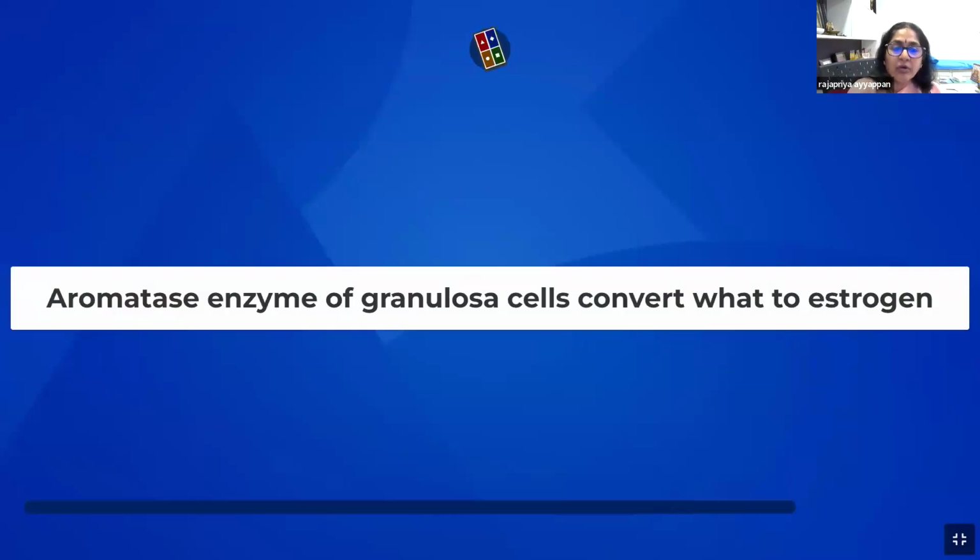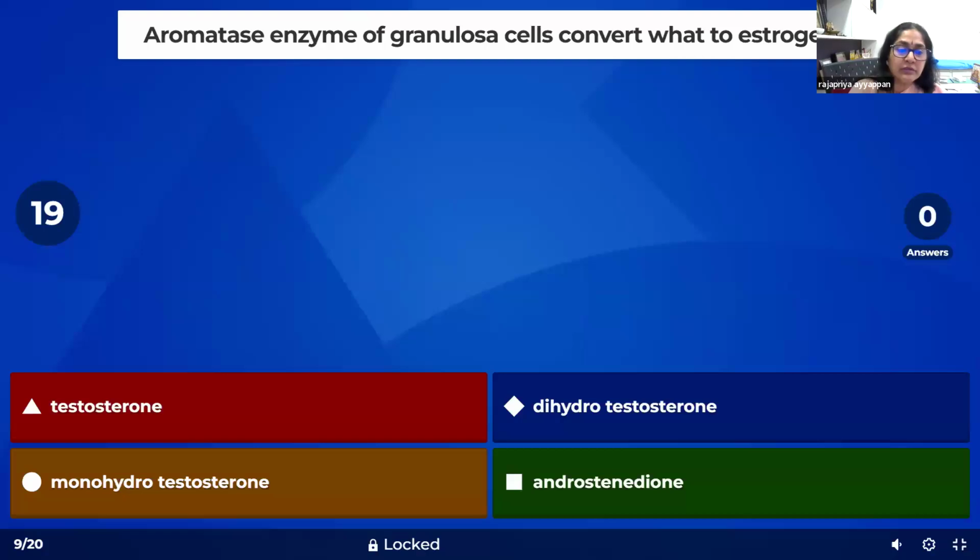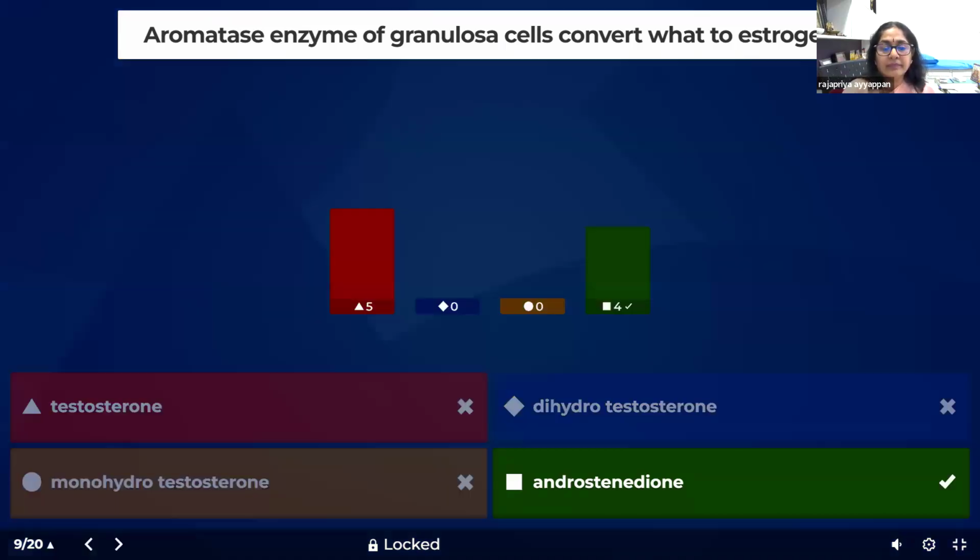The aromatase enzyme of granulosa cells converts what to estrogen? Testosterone, dihydrotestosterone, monohydrotestosterone, and androstenedione. Right, androstenedione is the answer.